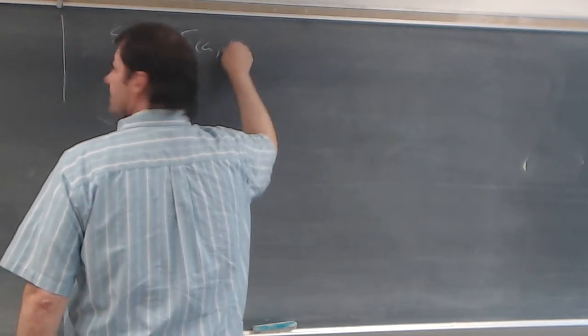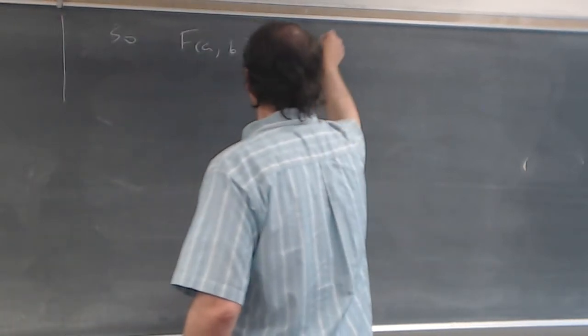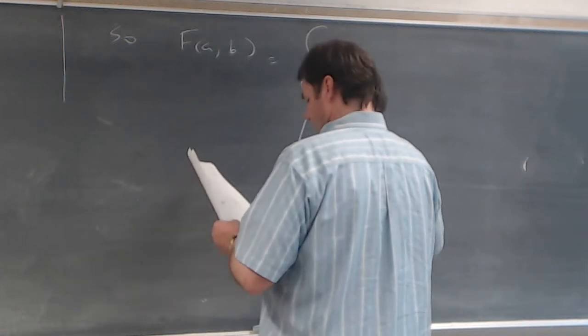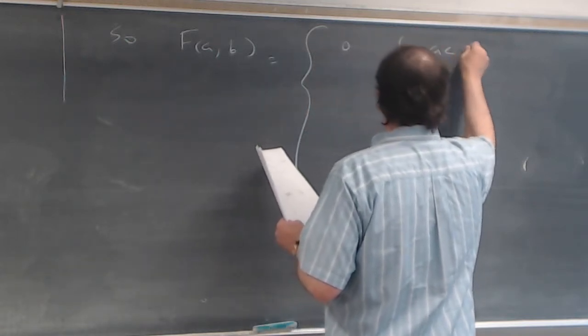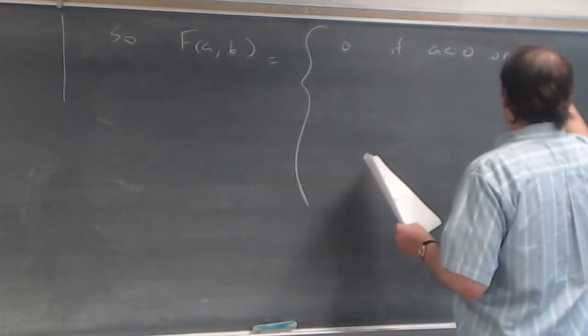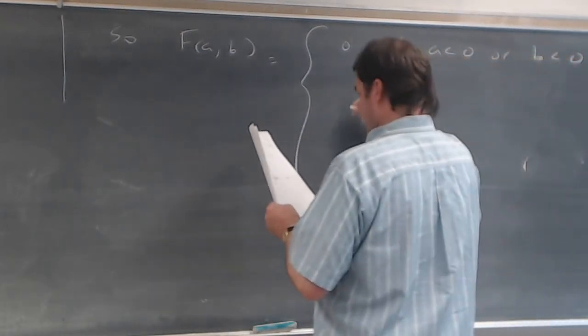So f of a, b is equal to, so it's this huge piecewise defined function. It's 0 if a is less than 0 or b is less than 0.